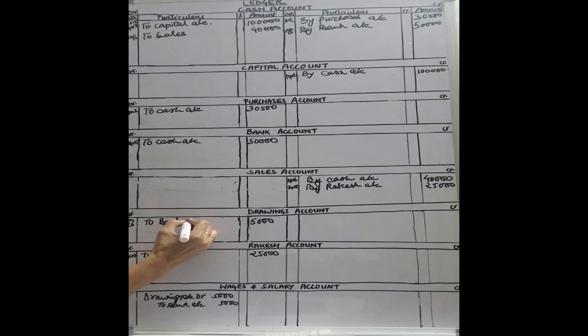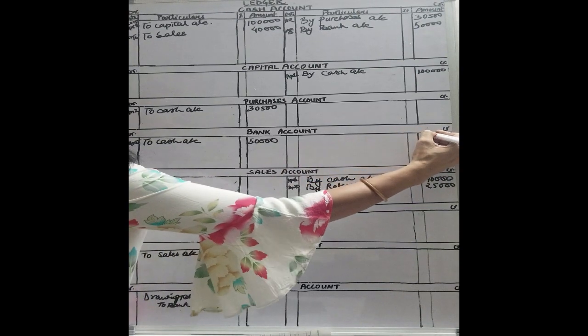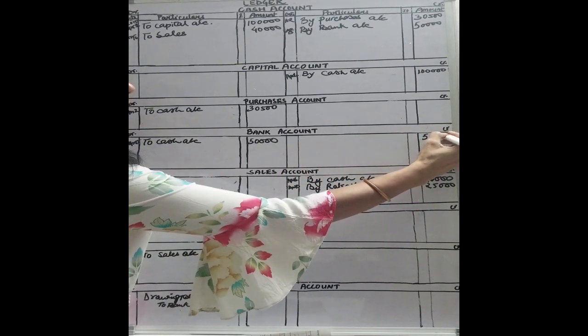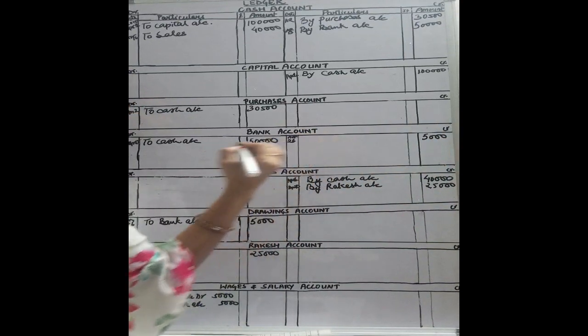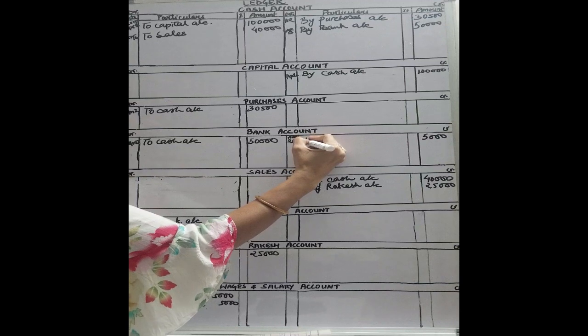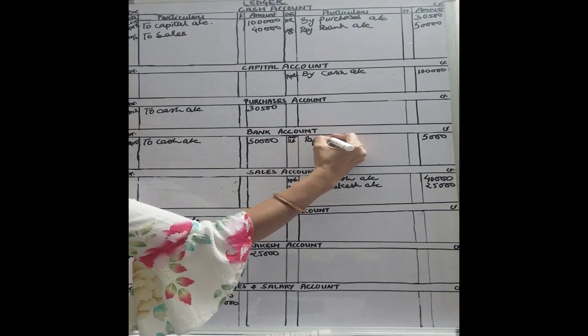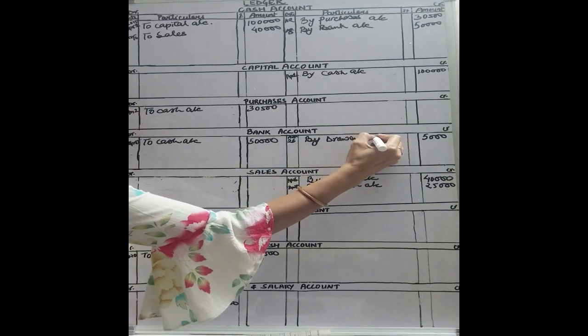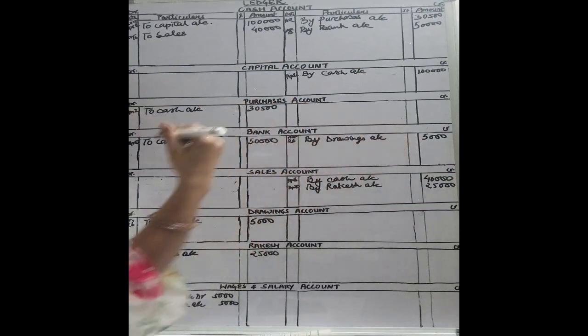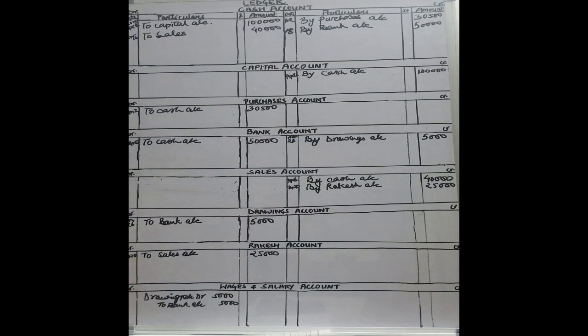Now the reason behind debiting the drawings account is bank account, the other account involved in the transaction, to bank account, right? Now the entry will go in bank account also. The bank account is credited here, so we will credit the bank account by writing the amount on the credit side on April 26, right? The reason behind crediting the bank account is by drawings account, the other account involved in the transaction, right?